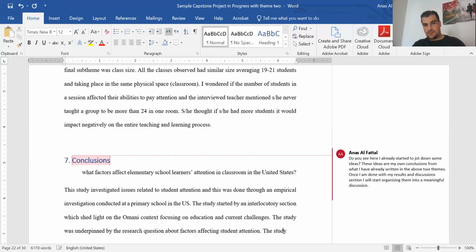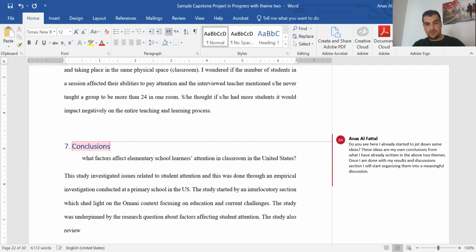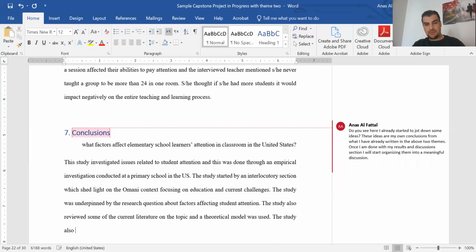The study also reviewed some of the current literature on the topic, and a theoretical model was used. The study also discussed methodological aspects of the study.